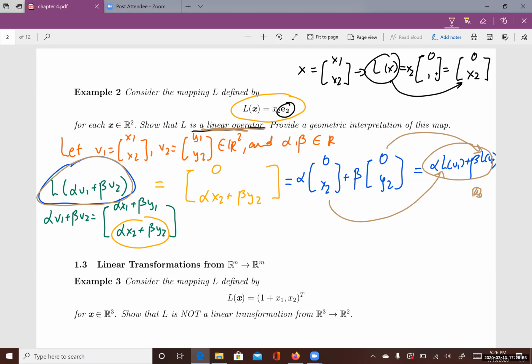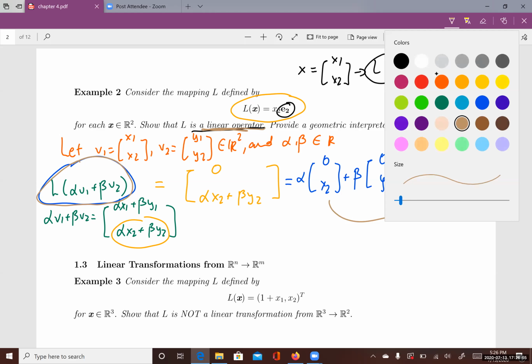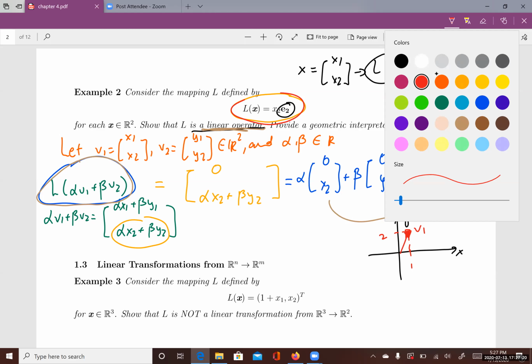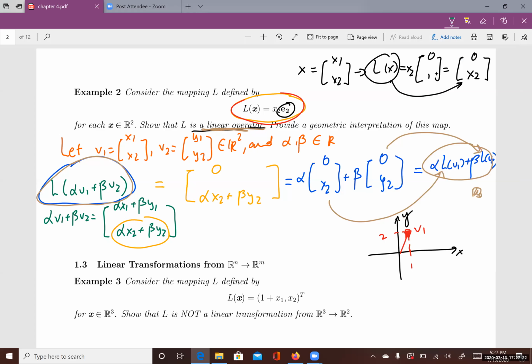Now the geometric interpretation of this map is, again, we're still in R2, this is X, this is Y. If you have a vector, let's say 1 and 2, right here, let's call it vector V1, then if I apply this map L onto this vector, the result vector will be 0 and 2.